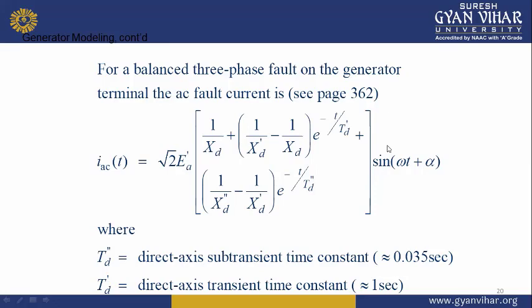Now, these currents decay in accordance with the winding time constant. The time constant of the damper windings, which have low leakage inductance, is much less than that of the field winding, which has higher leakage inductance.